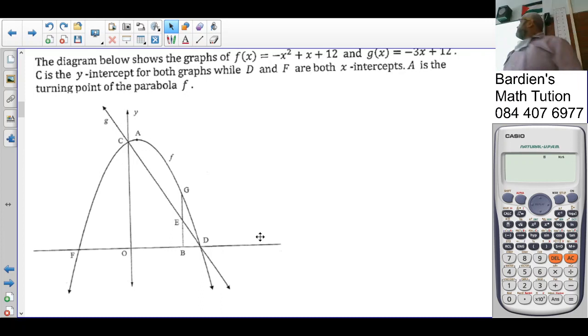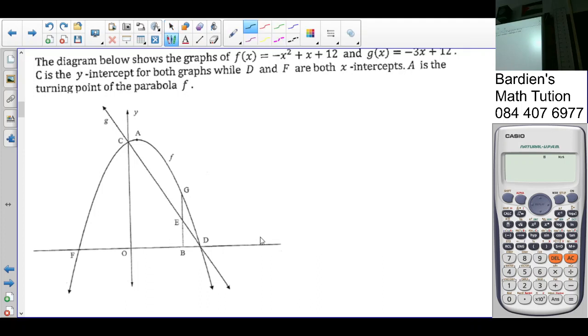the diagram below shows the graphs of f of x equals, so what I'm going to do is write it here, f of x equals negative x squared plus x plus 12, and g of x equals negative 3x plus 12. Okay? C is the y-intercept of both graphs.